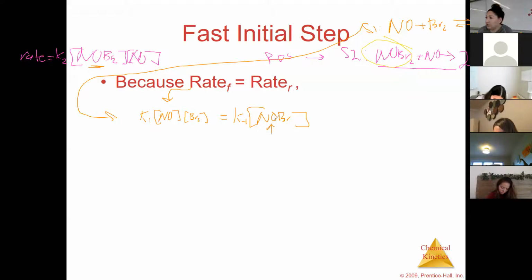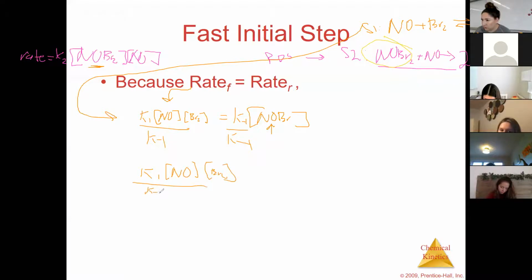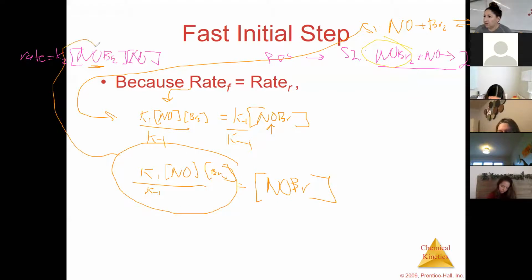So we're going to solve for this. I'm going to divide this side by that k value, and divide this side by that k value. And now [NOBr2] is equal to [NO][Br2] times the ratio of the k values. Now I'm going to substitute all of this in right here.